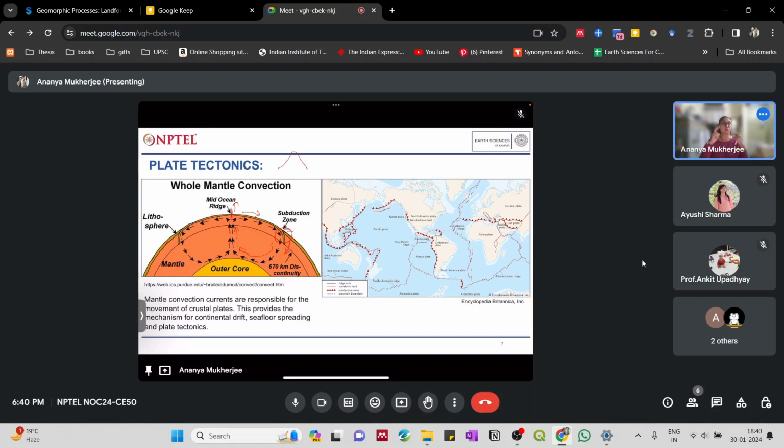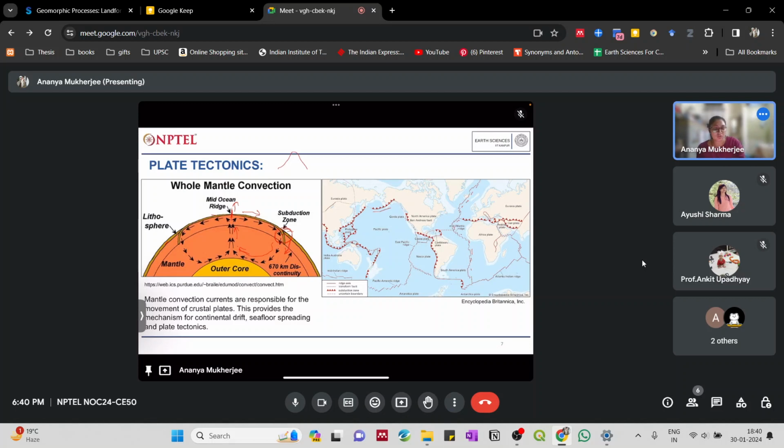Two important processes occur due to the whole mantle convection and plate tectonic movements. One is subduction, and the second is divergence, or the creation of the mid-oceanic ridges.